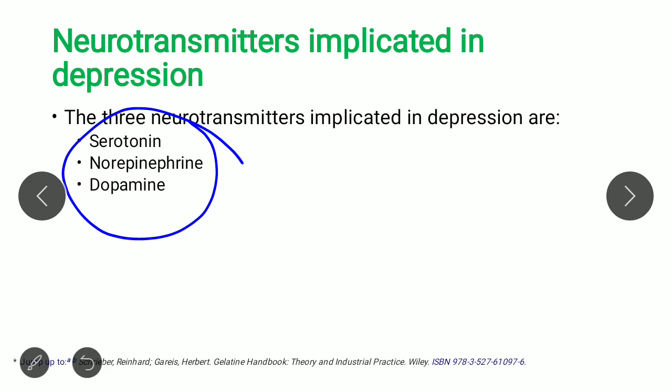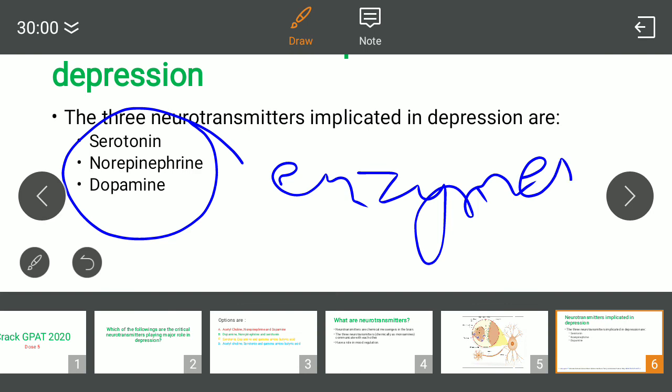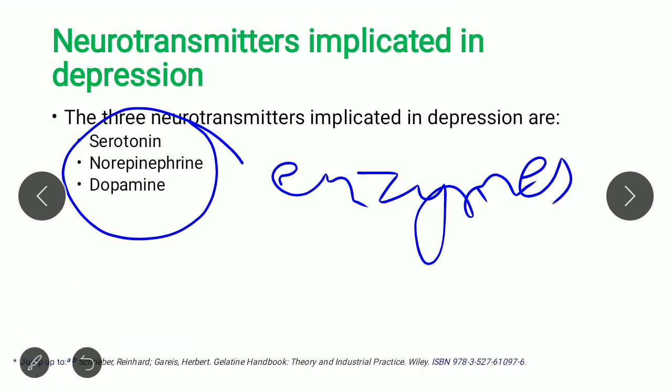So we are talking about lower levels of neurotransmitters like serotonin, norepinephrine, and dopamine. What could be the possible cause of imbalance of these neurotransmitters in the brain? It might be the case that the molecules that actually make neurotransmitters, like specific enzymes, are in short supply. Enzyme short supply can be one cause of neurotransmitters becoming lesser in quantity.